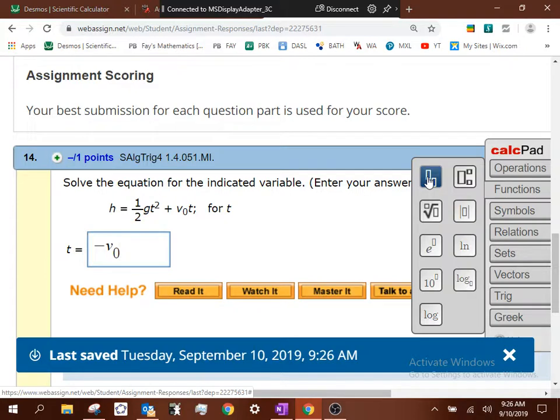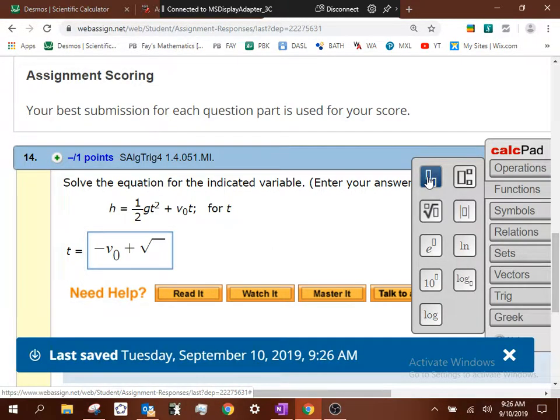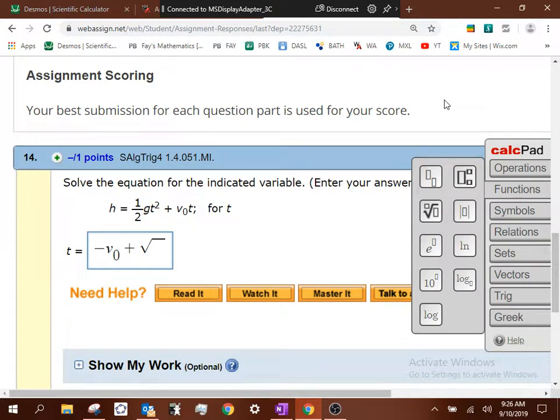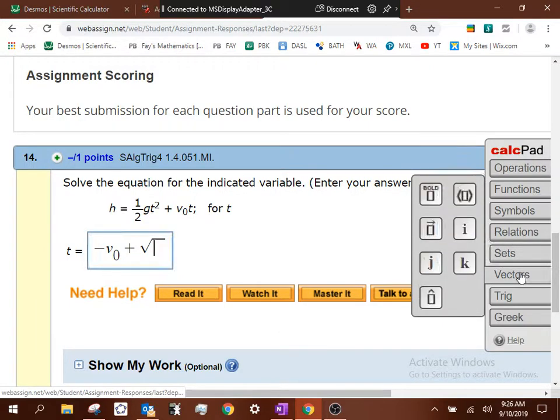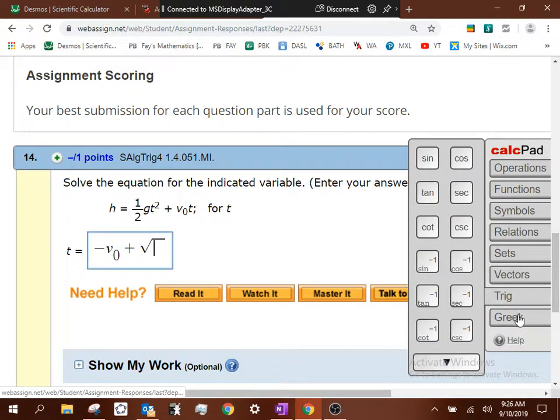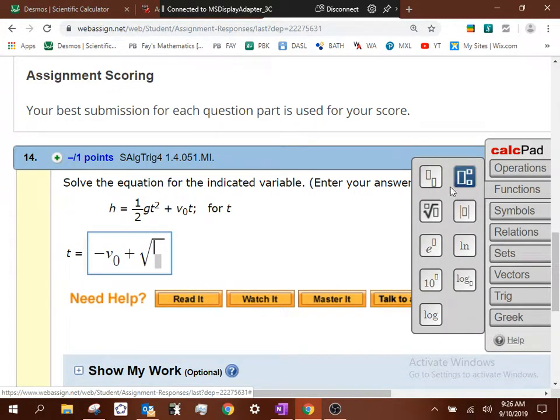And then we're going to go plus square root. And what do we have? V sub 0 again, squared. So I'm going to go that one.